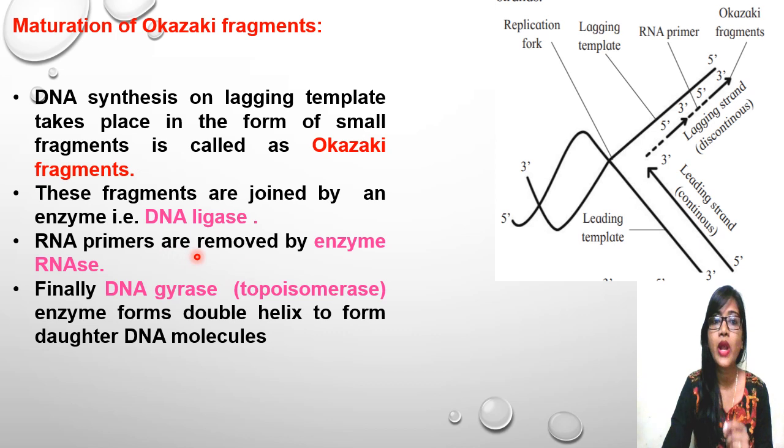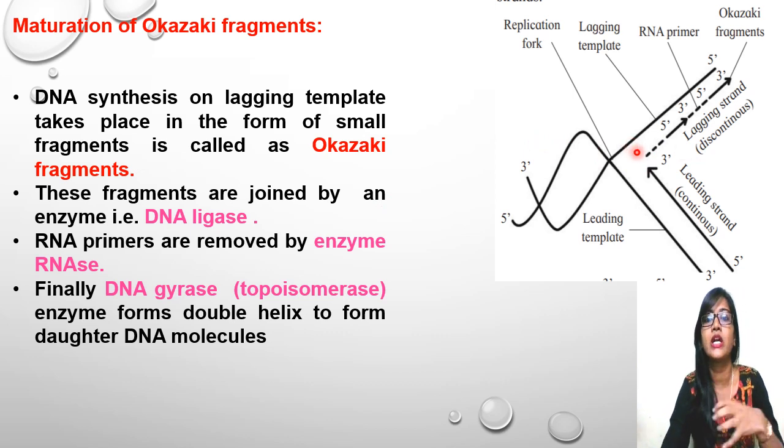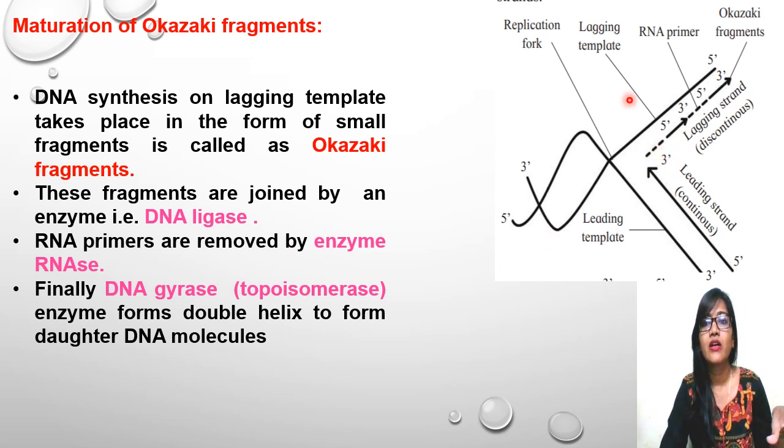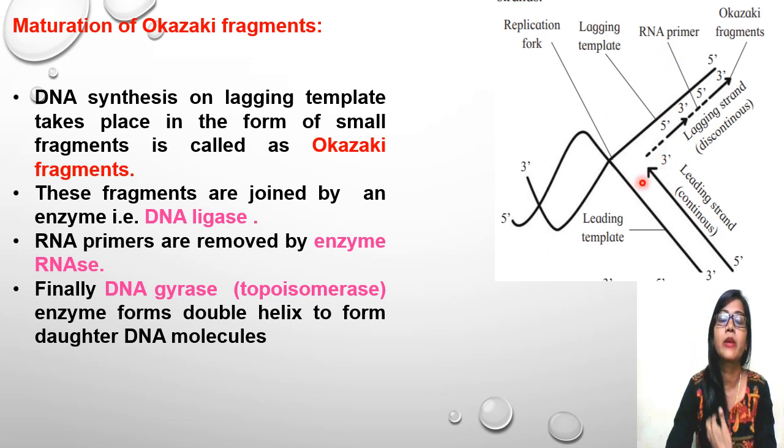The RNA primers are removed by the enzyme RNase. It eats, or cuts, or dissolves the RNA primer, helping in the disappearance of this RNA primer. In short, it eats or removes the RNA primer segment.